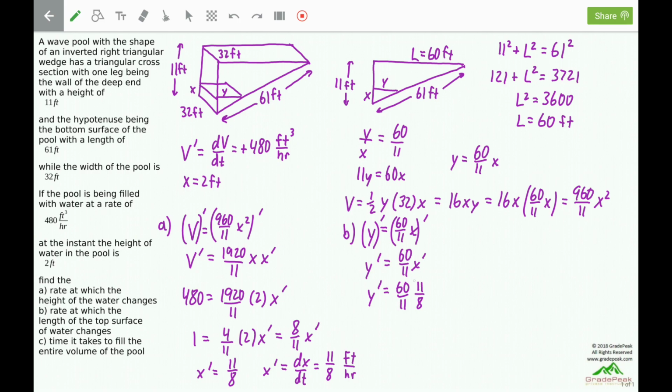The 11s can cancel. One's in the numerator, one's in the denominator. And the 60 over 8 can reduce to 15 over 2. So y prime, or dy dt, will be 15 over 2 units of y, length, feet, over time, hours.